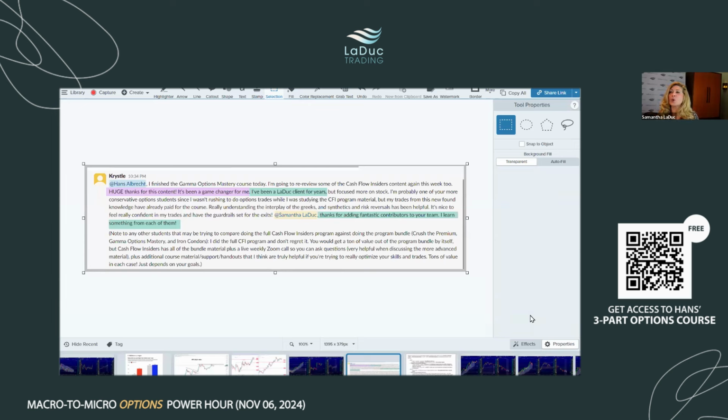Clients, either new or old, learn new tricks. They gain confidence because they learn skills in how to manage their stock, mostly portfolio or trades. And this is a beautiful thing. So anyway, we want to just encourage you to check this out a little bit more. And of course, to come back next Wednesday at 4 o'clock for Macro to Micro Options Power Hour.